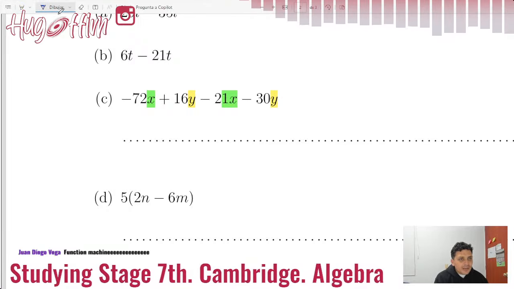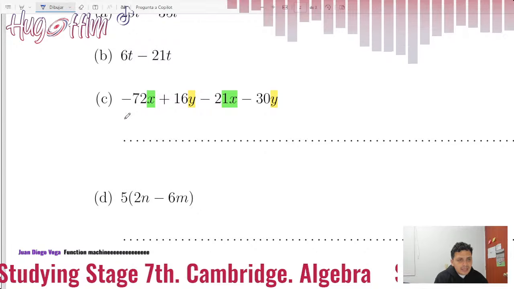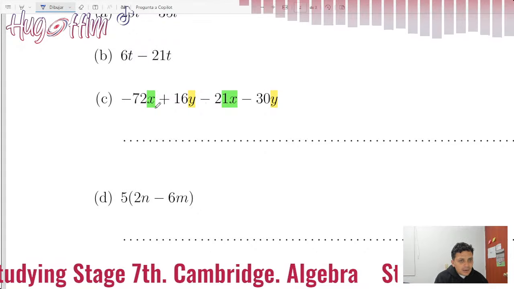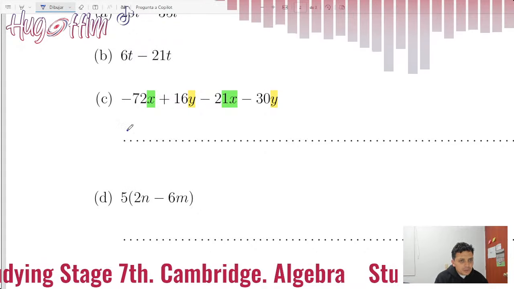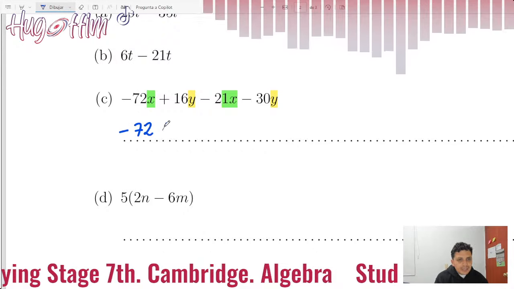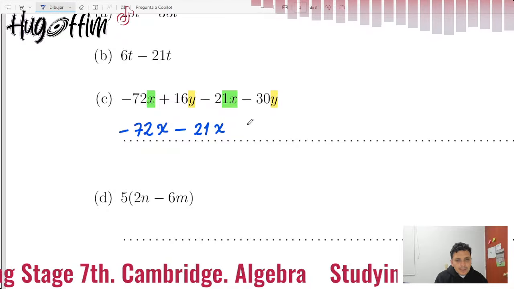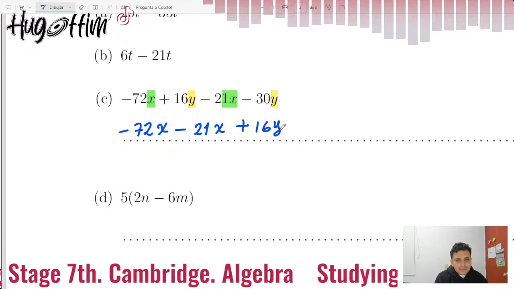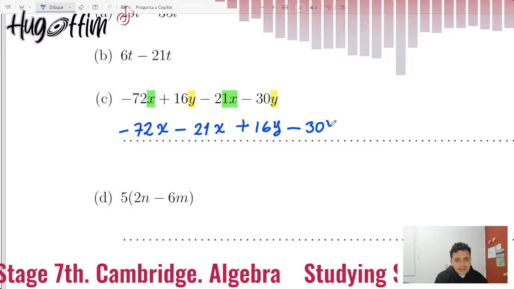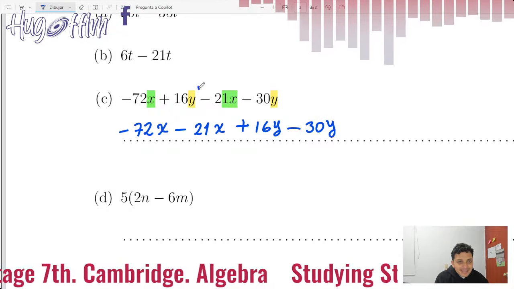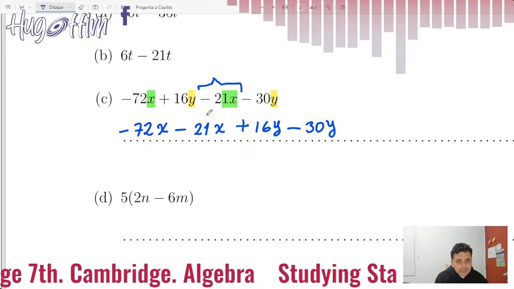So I'm going to rearrange them so that I can write the like terms on the same line. So I'm going to put negative 72x minus 21x plus 16y minus 30y. Remember that the sign corresponds to the term.